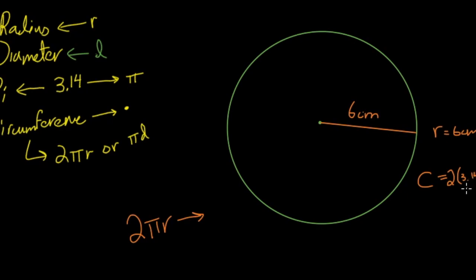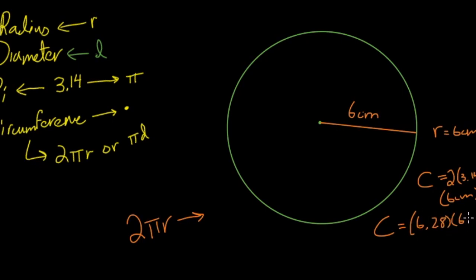times 6 centimeters. So if we rewrite this, we'll do 2 times 3.14. I take out my trusty calculator, 3.14 times 2, and that gives me 6.28.